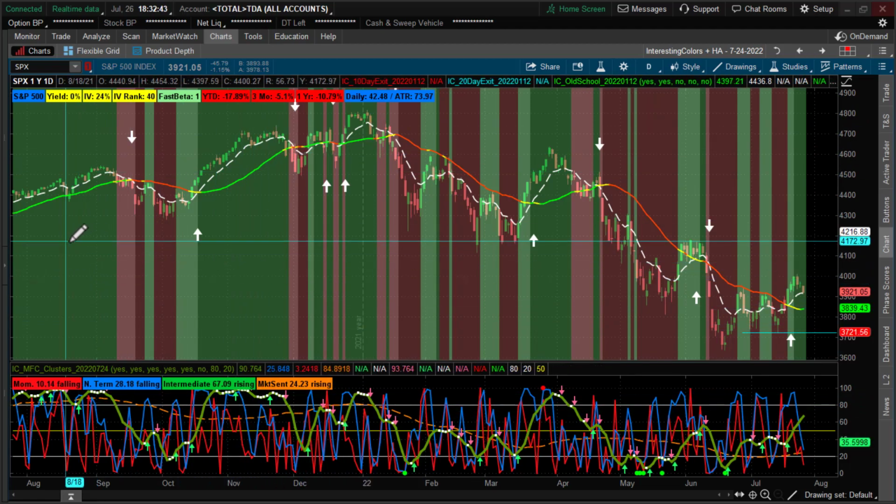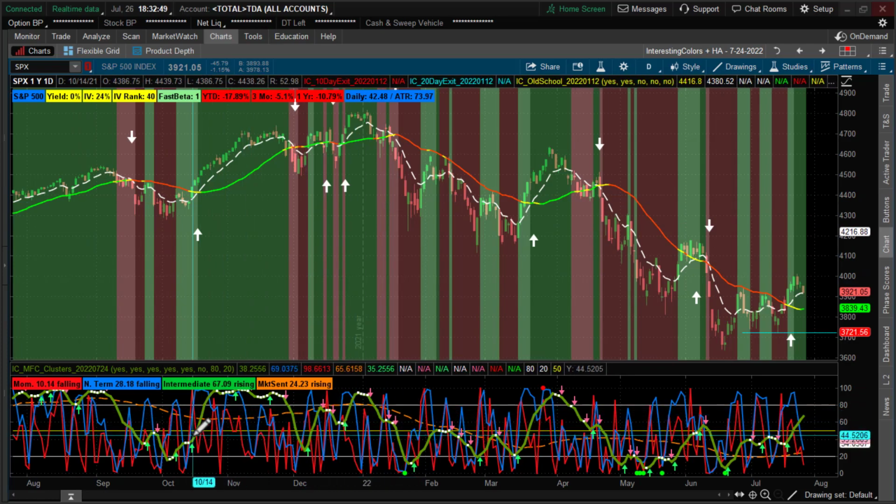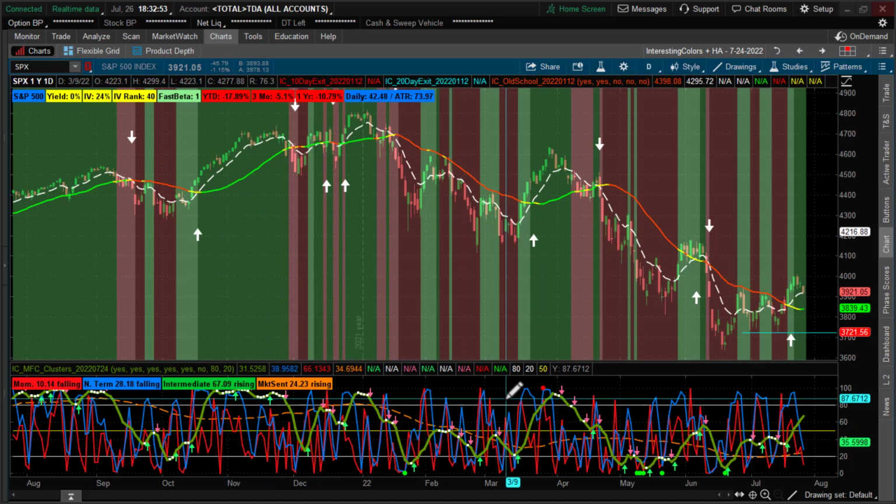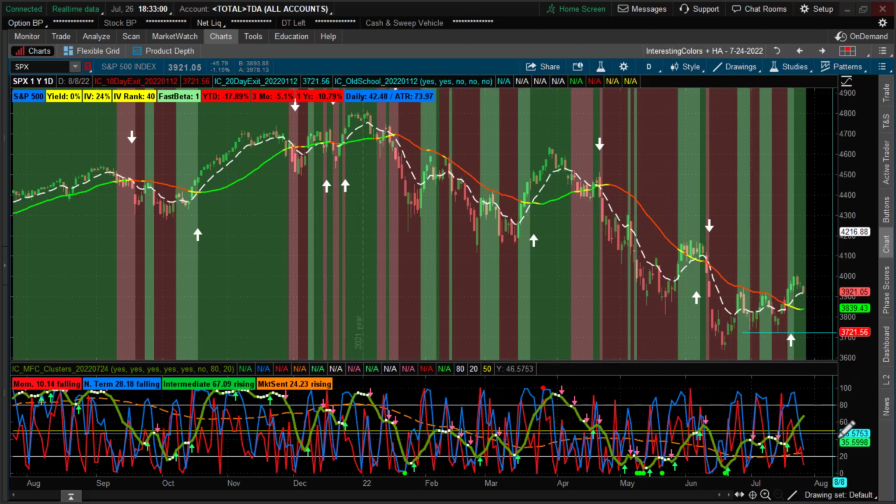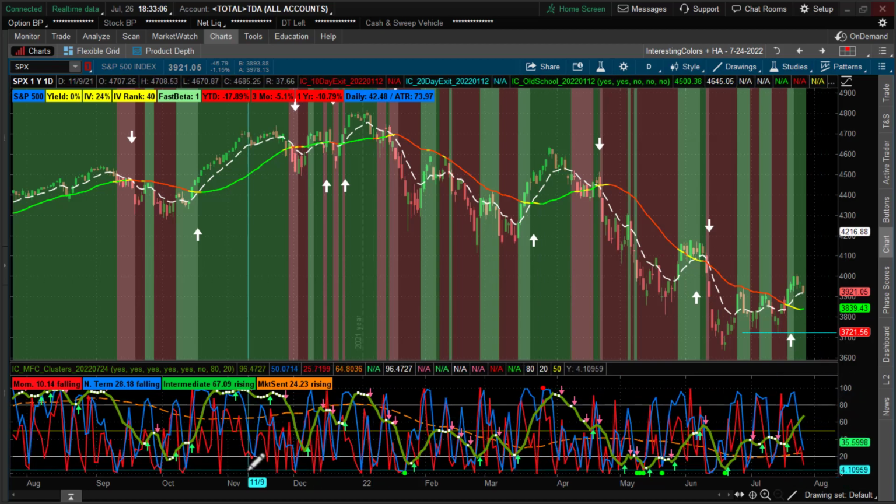So let's talk about how these postures are related. It turns out that they're all tied to the market forecast indicator. The market forecast indicator is a proprietary indicator that was created by TD Ameritrade. It has an output value of 0 to 100, looks like a percent, and there are 3 lines in it.